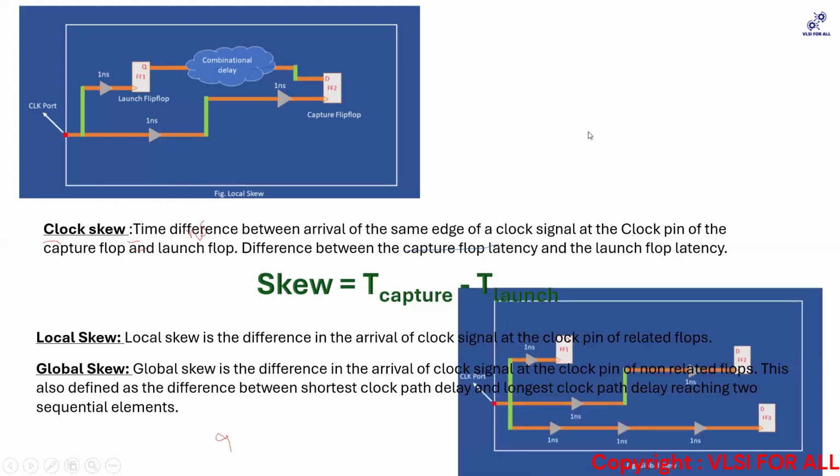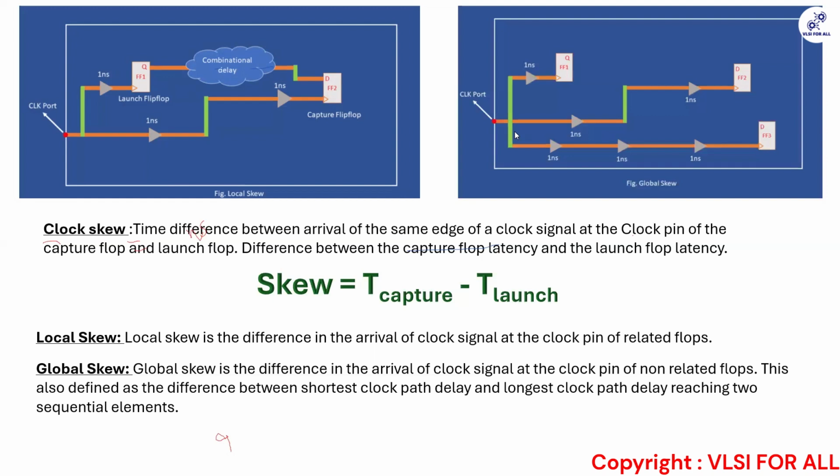Now let us understand with respect to this. Satish, are you there? Yes. Just help me understand: within this entire design, let me say I had 3 flops. Can you explain what the global skew is? The total delay of 5 ns is there in the capture flip-flop.